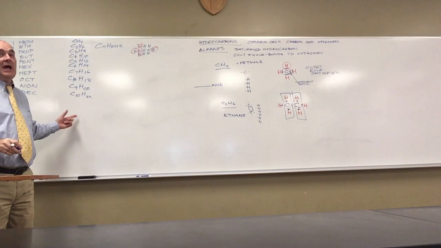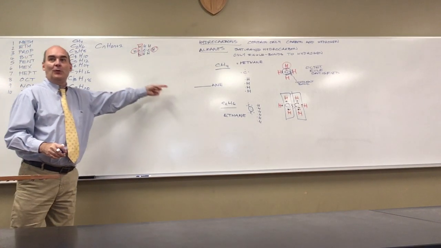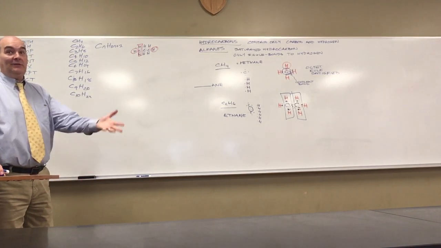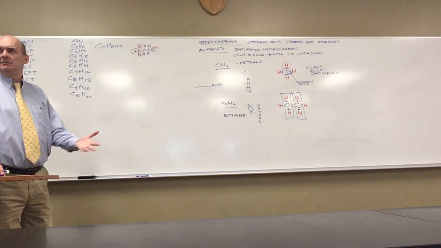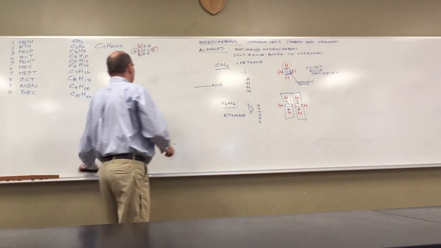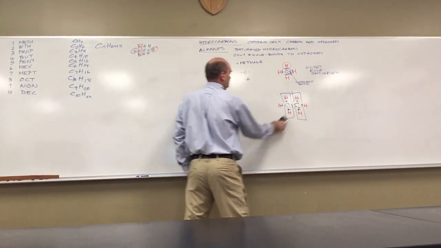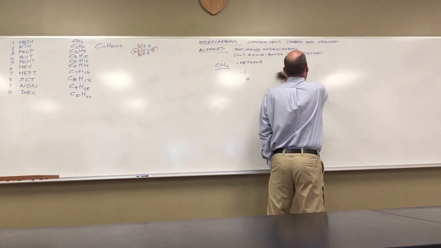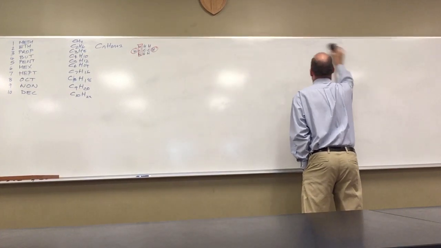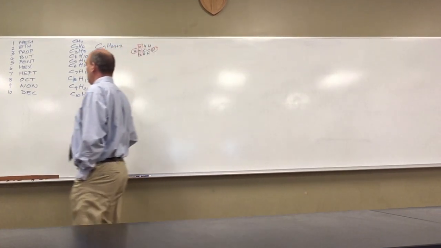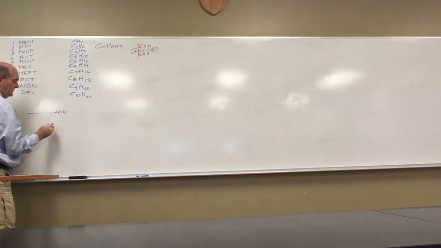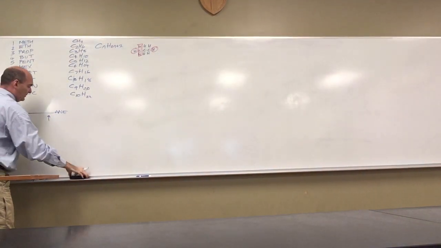We're not normally going to ask you to do this in the forward direction. Figure out what the formula of this thing's supposed to be. Normally, we'll give you the formula and then ask you, hey, show me what that shape is. So let's do that. Let's do it backwards. So the prefix, meth, eth, prop, but, and so on, tells me the number of carbons, and then ane tells me, nope, wrong part.